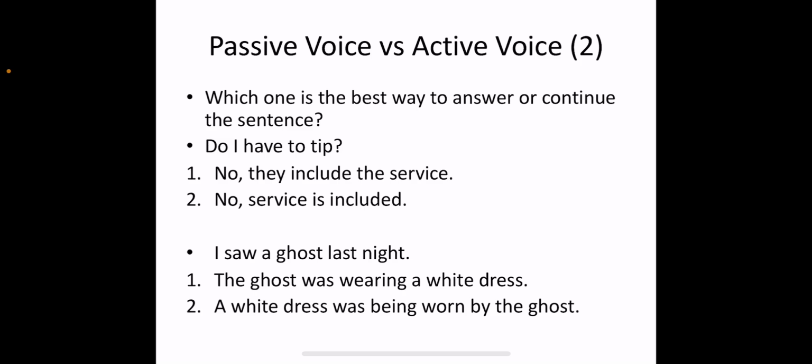So it can be confusing and it's not important. The white dress is not important. The important part of the story is the ghost, not what the ghost was wearing, right? So what the ghost was wearing is just extra information to describe the person, or in this case, the ghost.